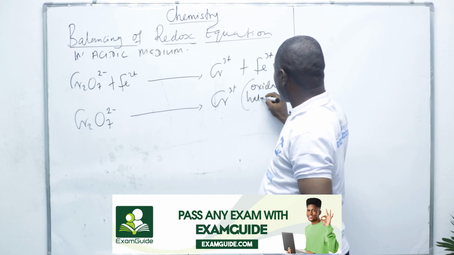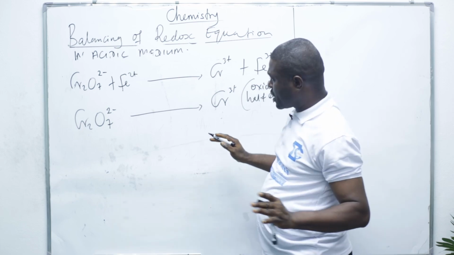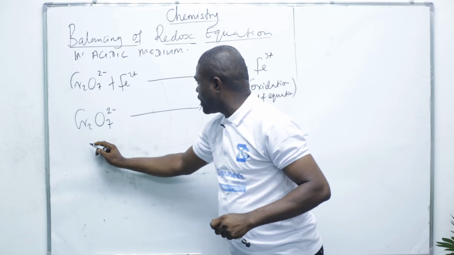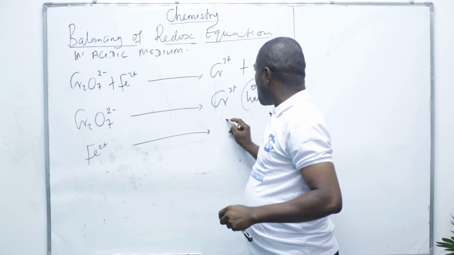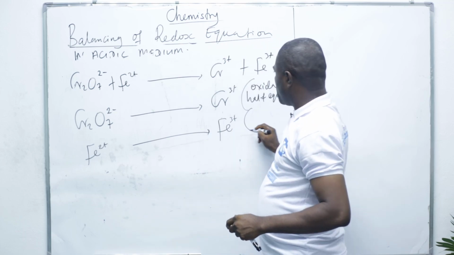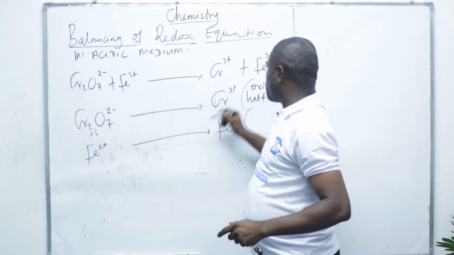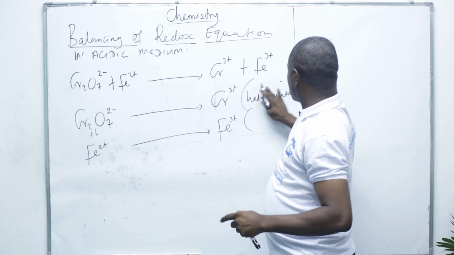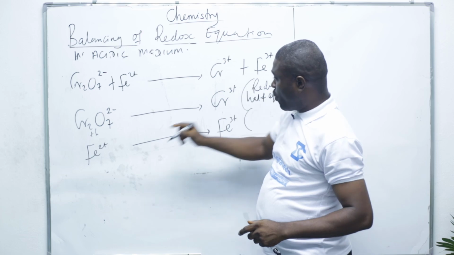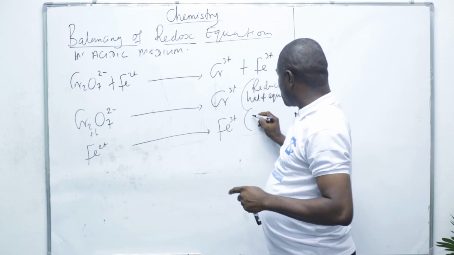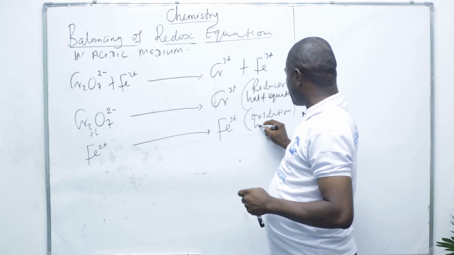This one now is Fe2+ moving towards Fe3+, from plus 2 to plus 3. Plus 6 to plus 3 is reduction, the number reduced. Don't make that mistake. Why is plus 2 to plus 3 oxidation? Because the number actually increased. Don't forget the definitions we were given earlier on.